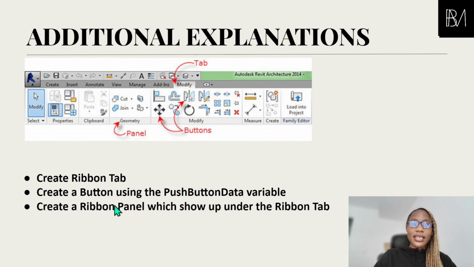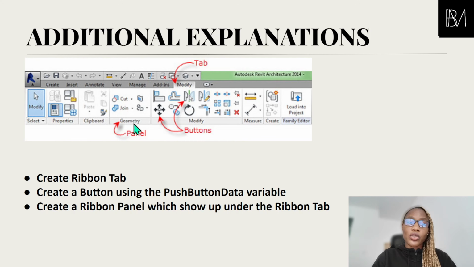One last thing is, how is the ribbon structured? Because we're going to be creating a lot of things in C Sharp, but it's good to understand how exactly your Revit panel is structured. So you have the Revit tab, which is the one that shows up at the top here, like Create, Insert, Annotate, View. That's the tab. You have the panel, which is what houses the different respective tools.